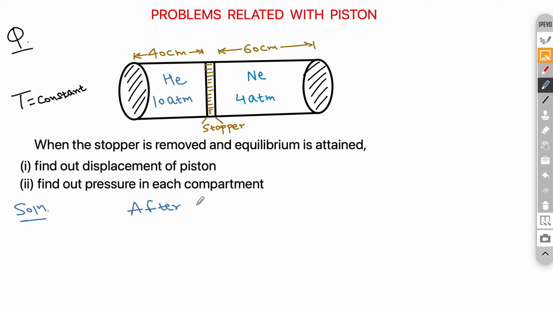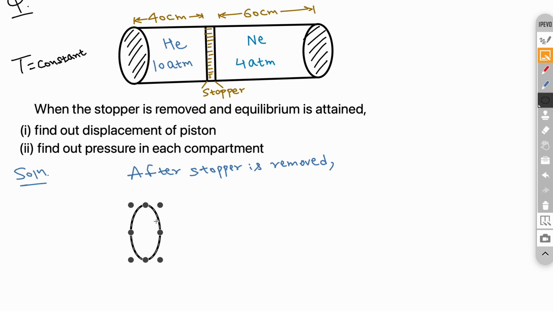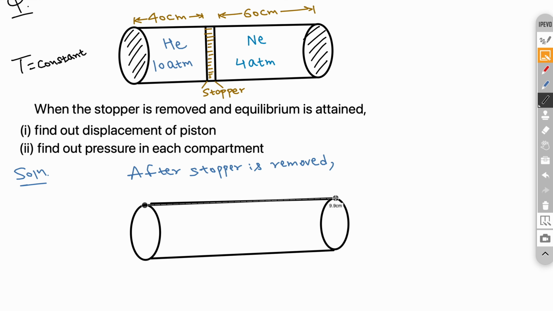First we'll write what the situation will be after the stopper is removed. We'll draw the diagram for that. So here I'll quickly copy this diagram and draw the condition when the stopper has been removed and equilibrium has been attained. The stopper would have moved some distance, let's call it x.